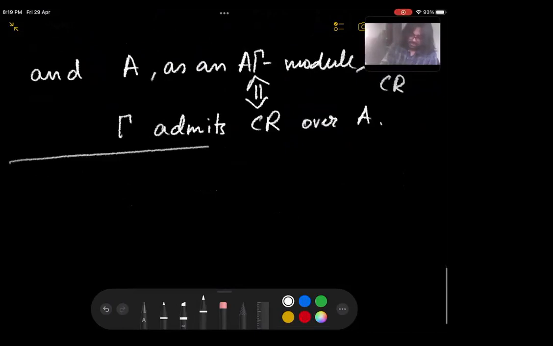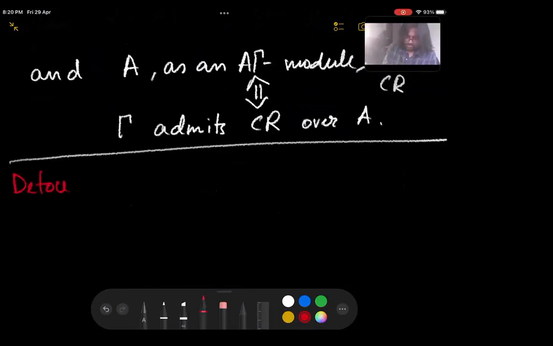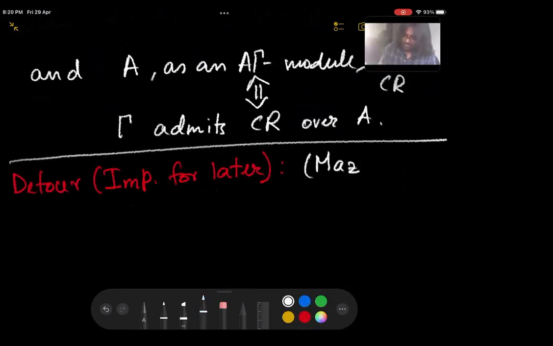So I'll just make a small detour, important for later. Well, this is a result mainly due to Matza and Simons, Nadia Matza and Peter Simons. I don't know why I said Simmons. He was my PhD supervisor. I should say Simons.